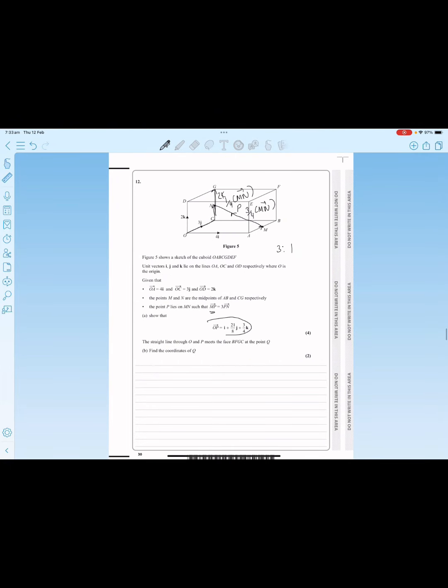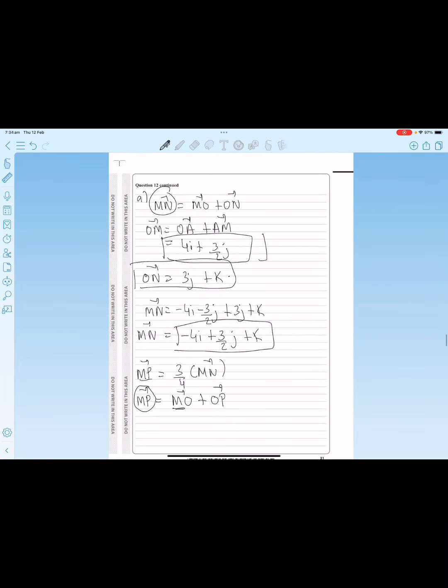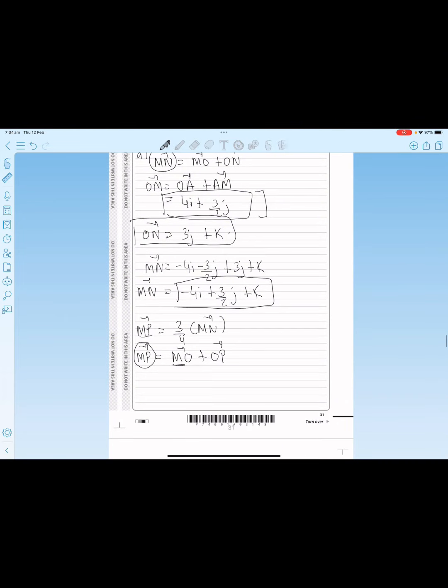Now let's look back at the question. It wants us to find OP, right? So what I could do is I know that MP is 3 over 4 of MN. And if I can write MP in different vectors, I could say that this is MO plus OP. So I know MP is 3 over 4 MN, so therefore I have MP. I already know MO from what we calculated over here to be minus 4i minus 3 over 2 j.